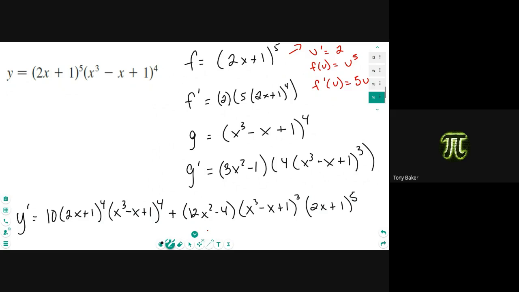And my guess is that pretty much everybody, including myself, foiling all that out, we'd screw something up. But once you got that, it's literally just plug into the formula and you're done.